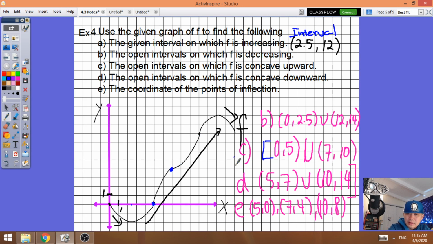And then 10, 8, so that's the xy coordinate. The rest, from A to D, are intervals, but the last part is all about the xy coordinate form. Okay? So again, anytime the original function's graph is given, you can always find out about the concavity.